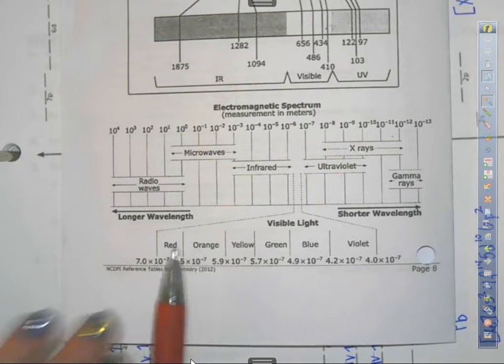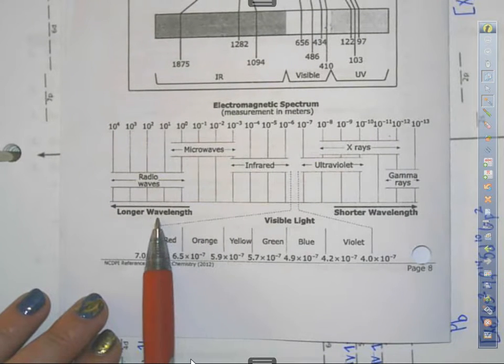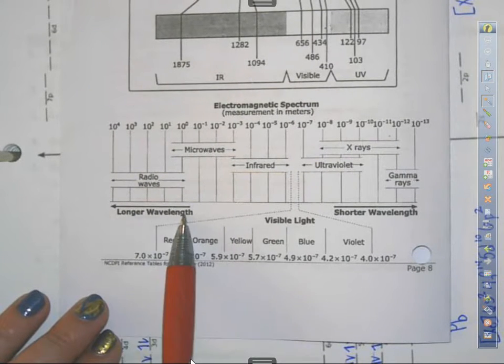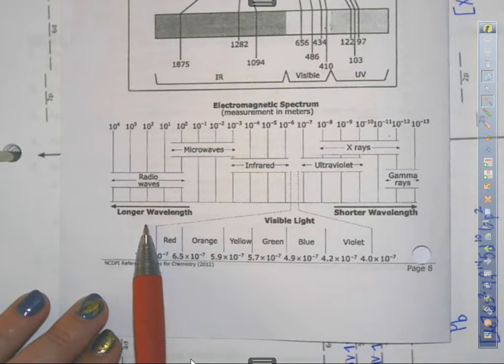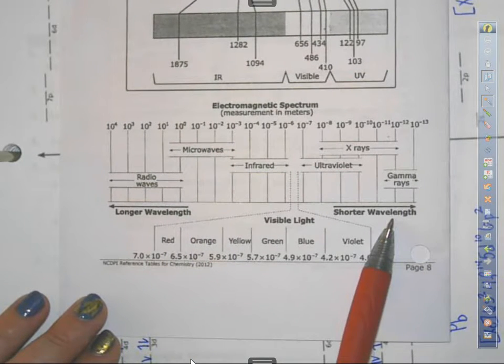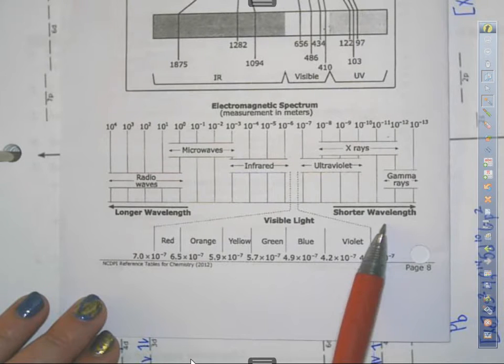The relationship that you need to make is that the longer the wavelength is, the lower the frequency. The shorter the wavelength, the more energy and the higher the frequency. Just like I drew my bad drawings on the screen.